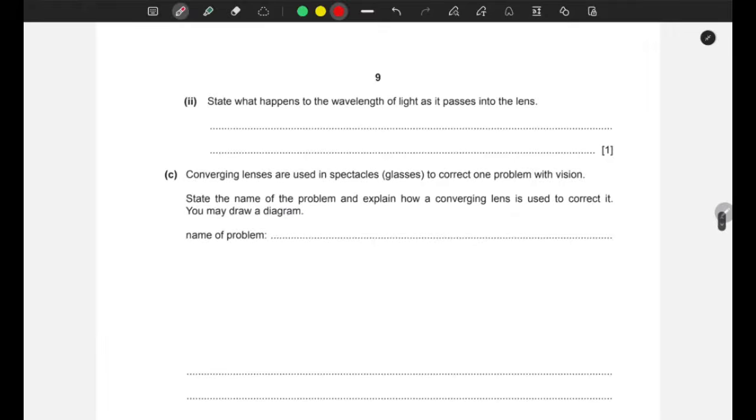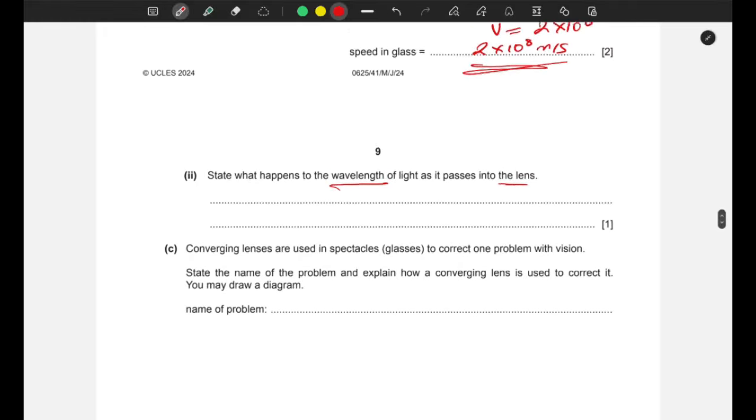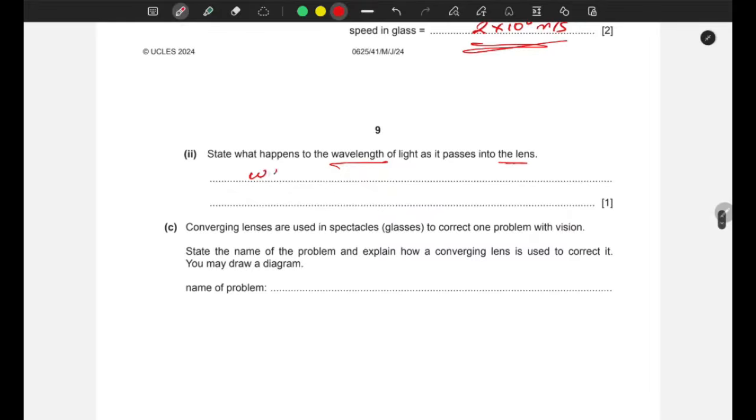Part 2. State what happens to the wavelength of light as it passes into the lens. So when the light passes into the lens, the wavelength decreases.